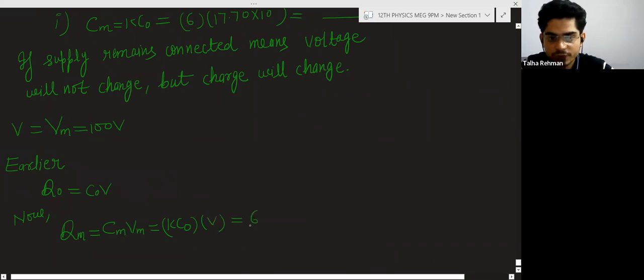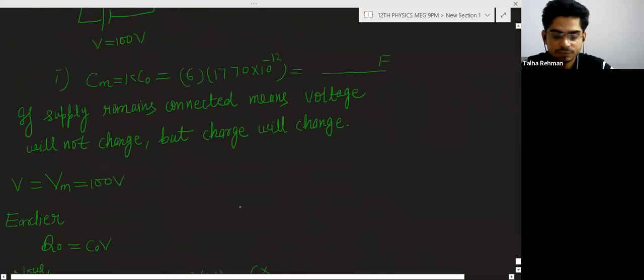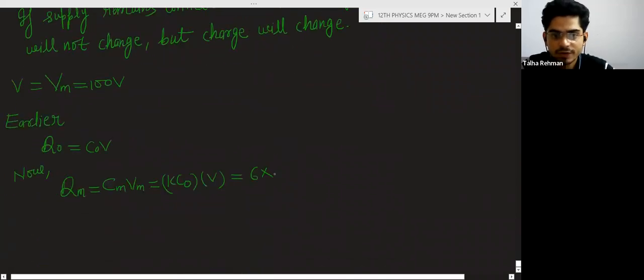So the value of K is 6 and the value of C naught is 17.70. So you can write 6 C naught V. C naught, 6 into the value of V, which is 100, and this is C naught.